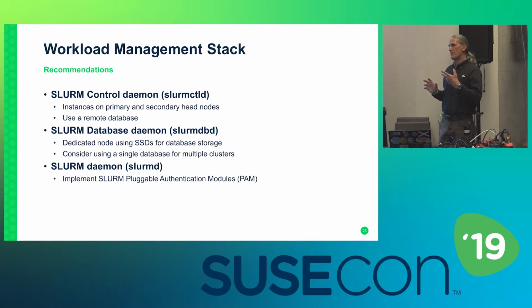There are many ways to do that, but Slurm provides a utility that is actually really cool. They provide a PAM module that will not let a user log into a compute node where they do not have a job running. So it's kind of like the best of both worlds.